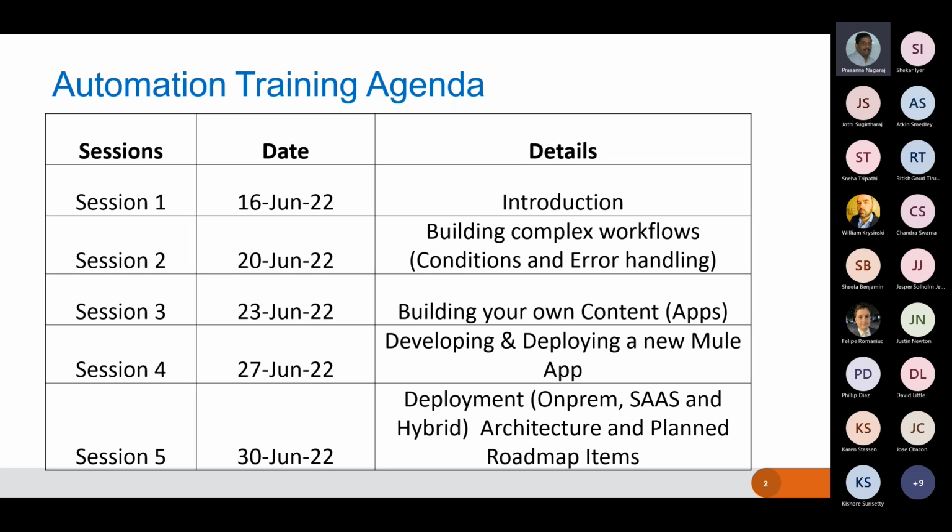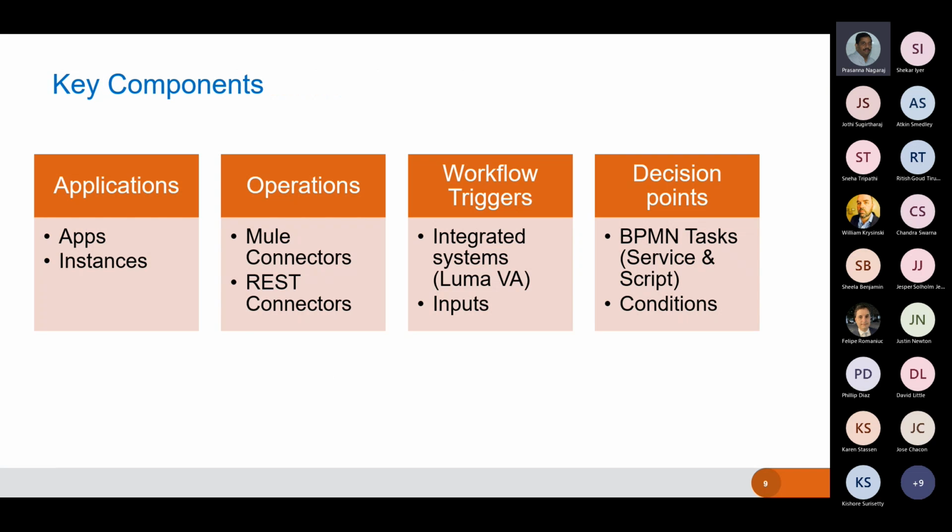Just to recap what we have covered till now, these are the key components of the automation. Automation requires apps to be created, and apps can be of two types: Mule connector app and REST connector app.